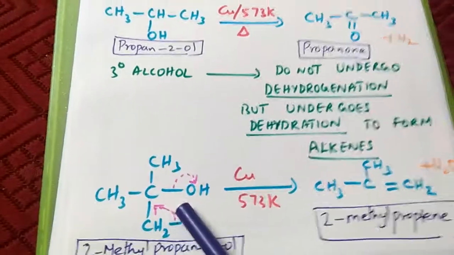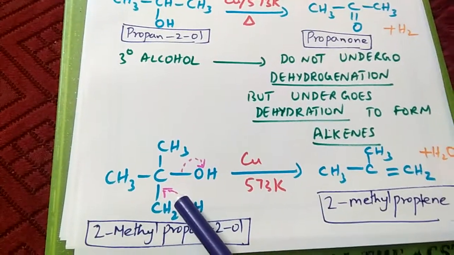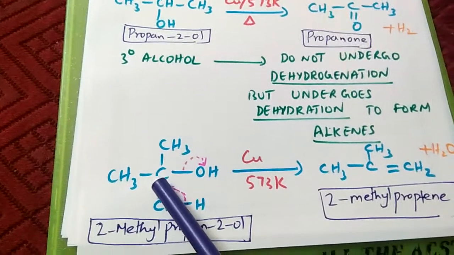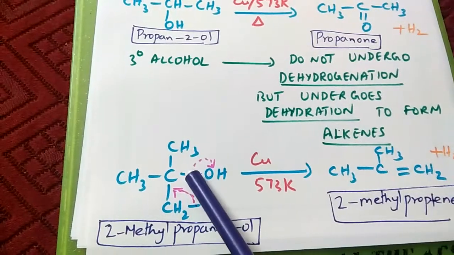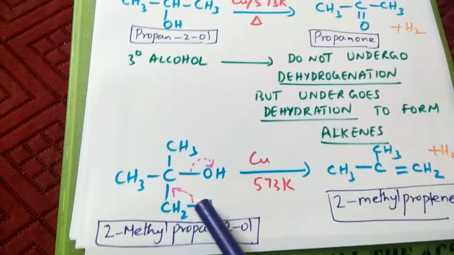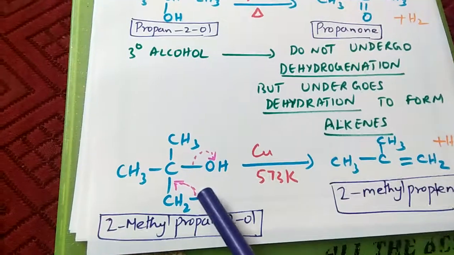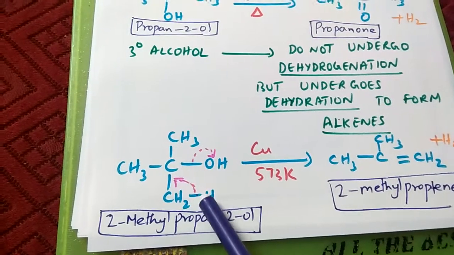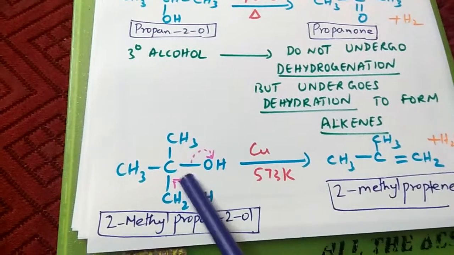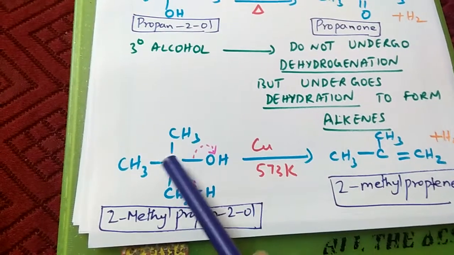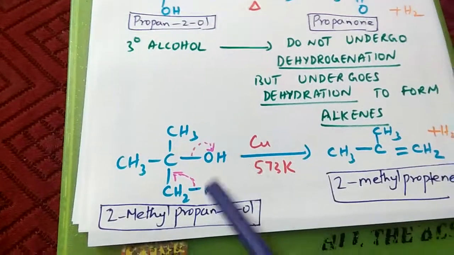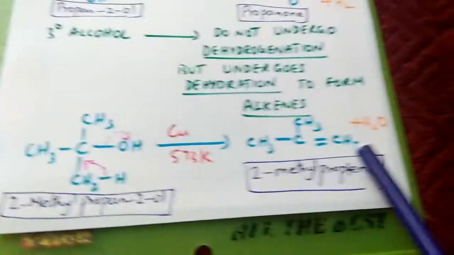For example, 2-methyl-2-propanol, a tertiary alcohol. The OH is attached to a tertiary carbon here. This electron pair is attracted towards oxygen, and the CH3, CH2H protrudes out. Just to explain the shifting of bonds, this bond is shifted towards double bond formation between carbon and carbon. So H plus and OH minus are released as water.